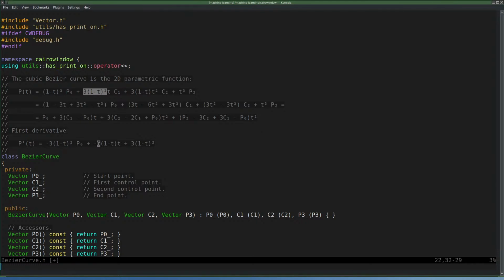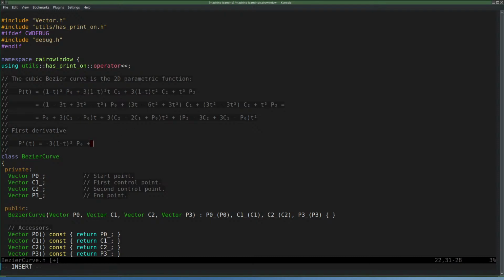I'm not impressed with this. Now let's write this as a polynomial in t. Let's take the derivative of this thing here.